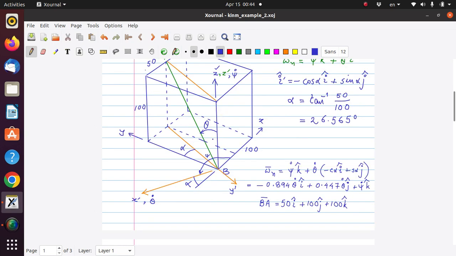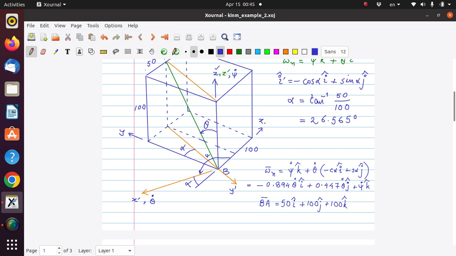we can find out the nutation angle theta, and the x dashed axis, that is here. Do not bother about the names because in some problem it will be called x dashed, in some problem it will be called x, in some problem it will be called capital X. So do not bother about names.